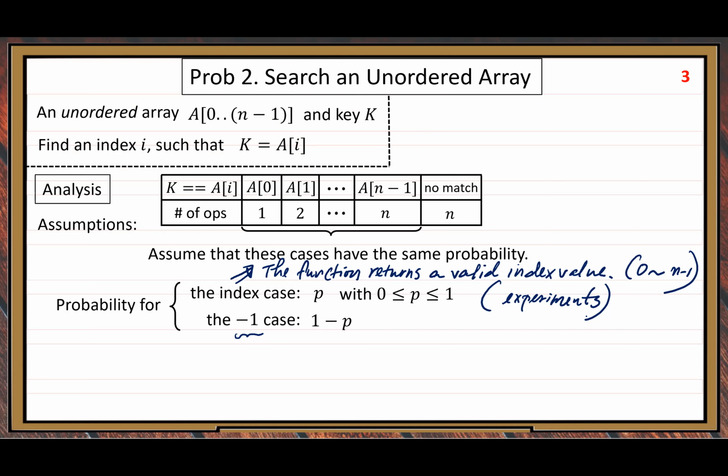So with this number now, we want to find the formula for the average case efficiency. So let's look at that formula.